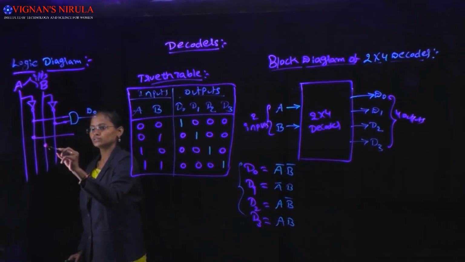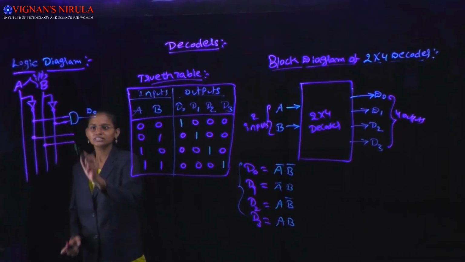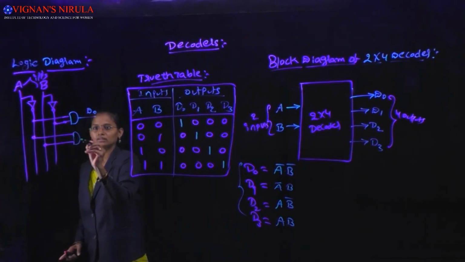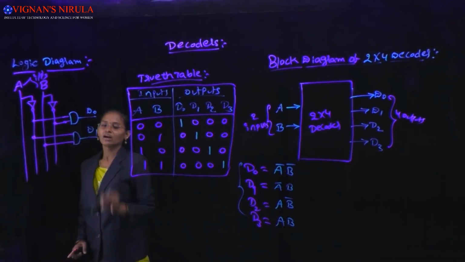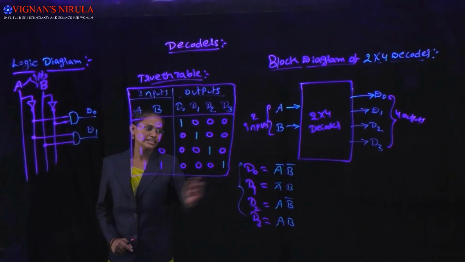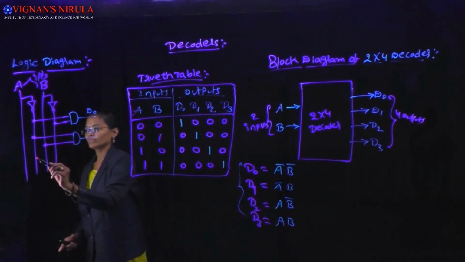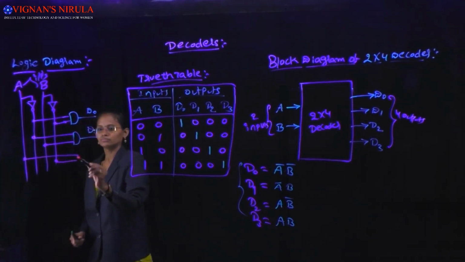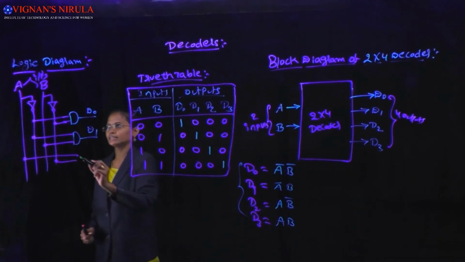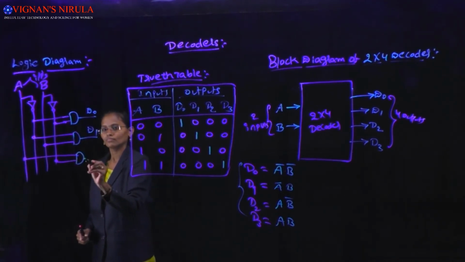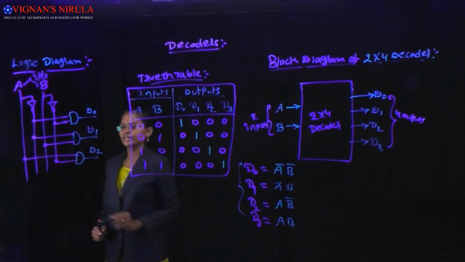Next, D1 is A bar B. This is an AND gate, and this is the D1 output. Next, D2 is A B bar. Draw the AND gate, and this output is D2.